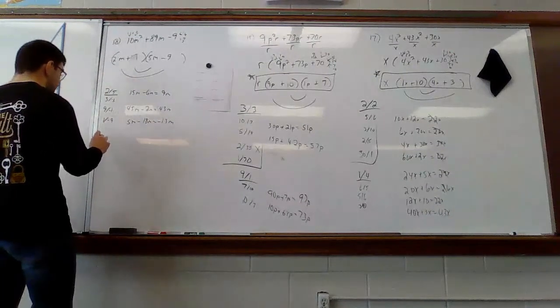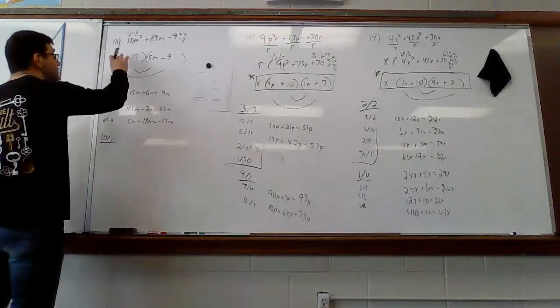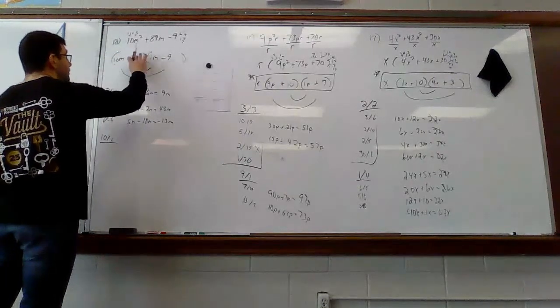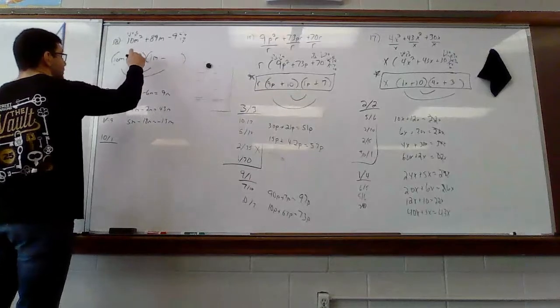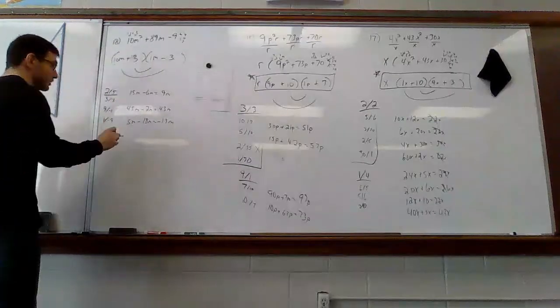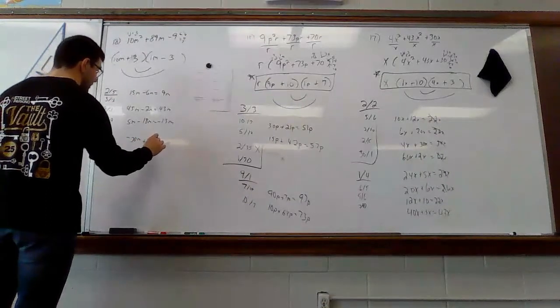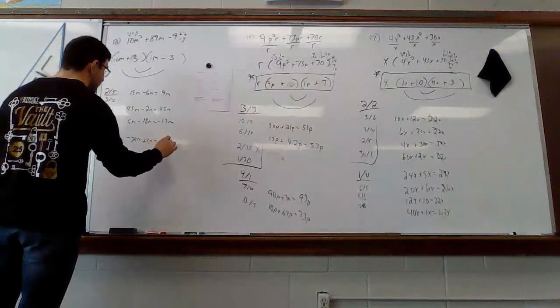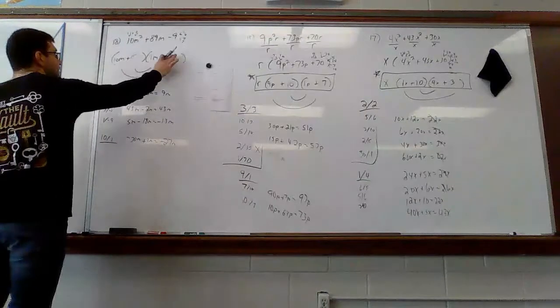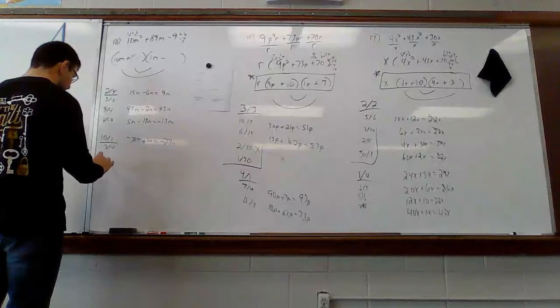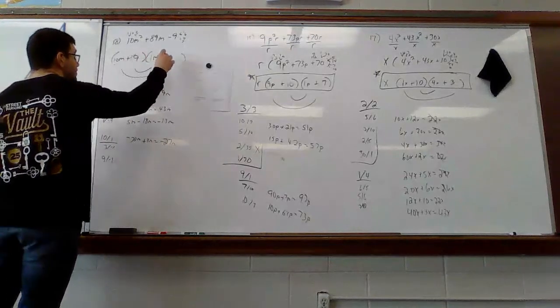Let's try 10/1. And let's go back to 3 and 3. That gives me -30m plus 3m, which is -27m. Okay, so 3 and 3 doesn't work. So 3/-3. Let's try 9/-1. 9/-1.